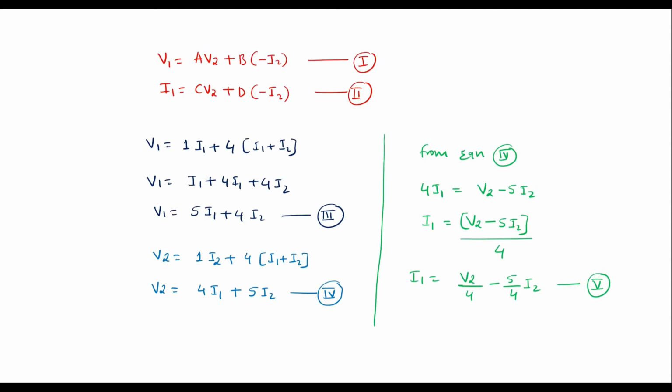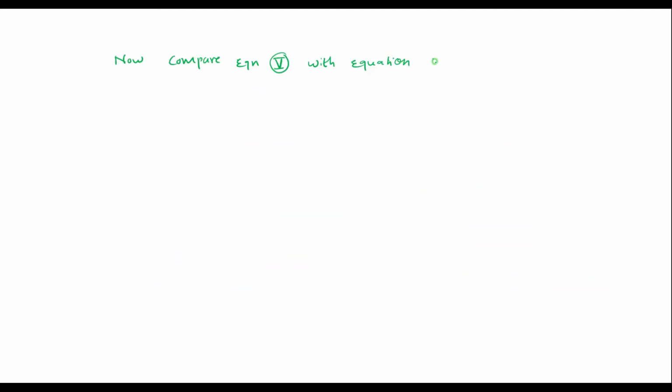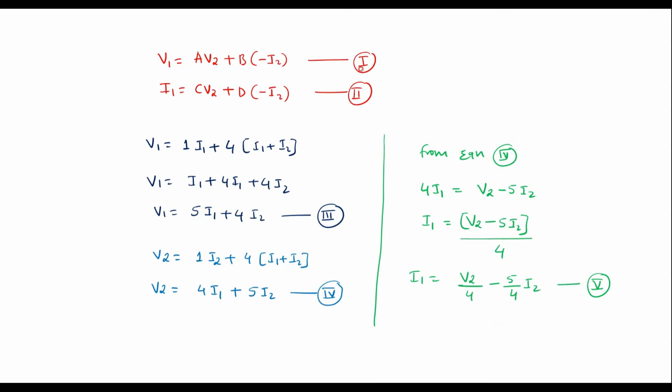So now compare equation 5 with equation 2. Here we can see that I1 is equal to C V2, and here we have 1 by 4 V2.